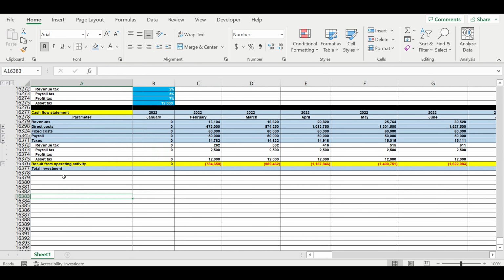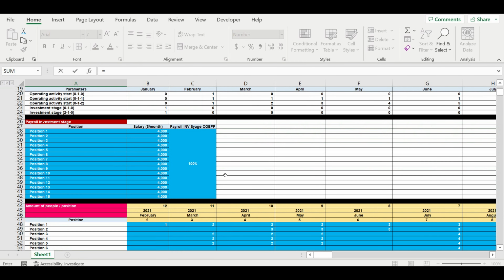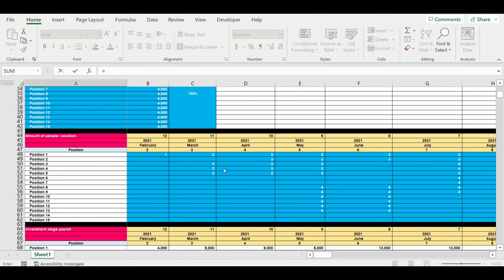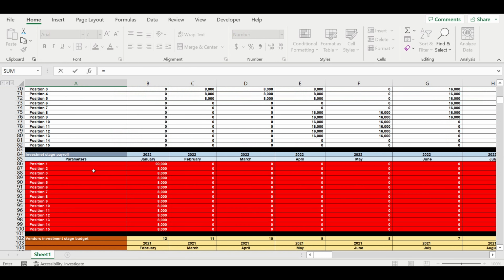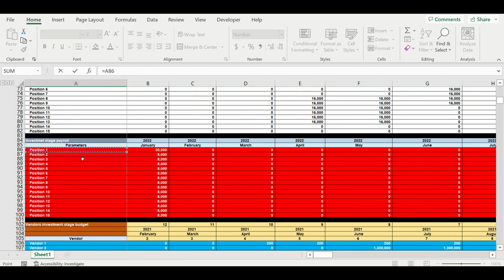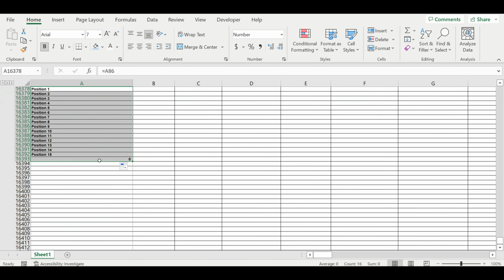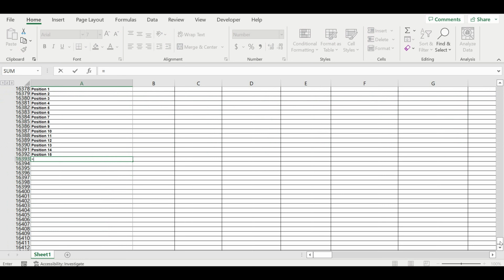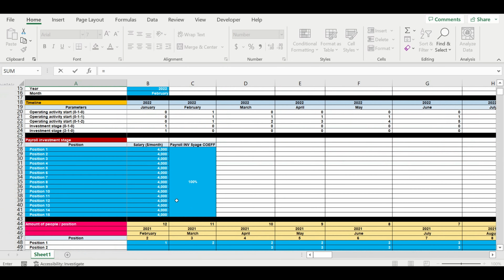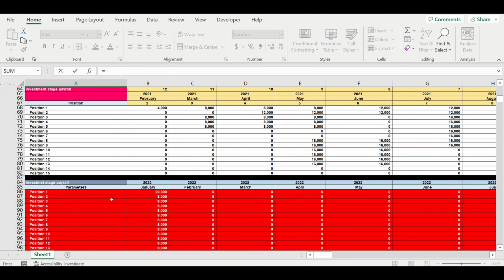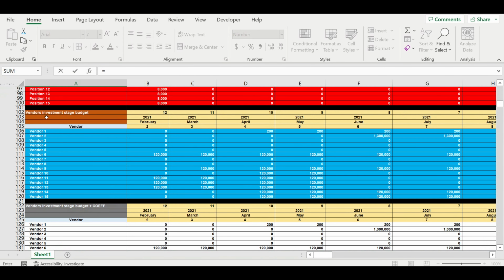And now we go back to the model, gathering all the investment stage expenses. So what are they? First of all, we have investment stage payroll. So this is the first line that we need. Then we will also need vendors investment stage budget.